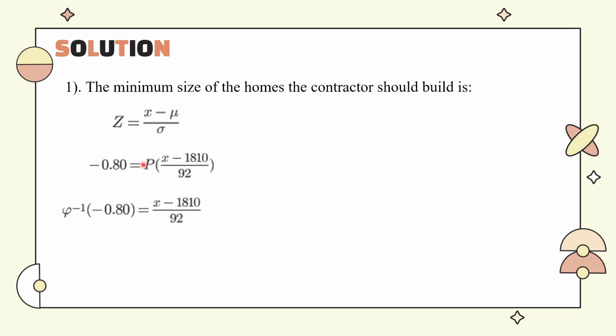So we just transpose our P. It should be 1 over P if we transpose it, but we can also write it this way, so we can just multiply it. So we have now negative P raised to negative 1 multiplied by 0.80 equal to X minus 1810 over 92.